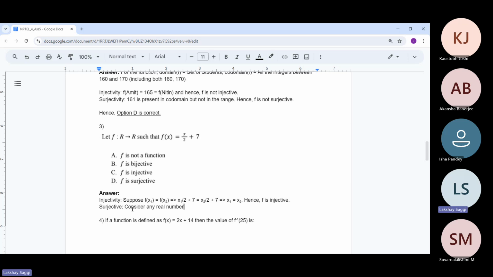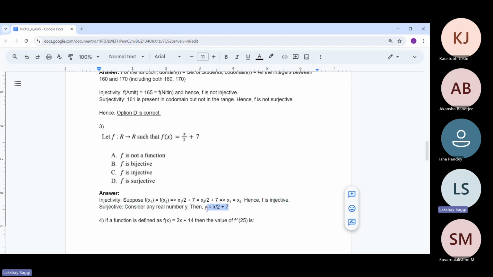Since the codomain is R, we take any real number Y, right? Suppose we have to find an X such that f of X equals Y. Then we'll just put Y equal to X by 2 plus 7, right?